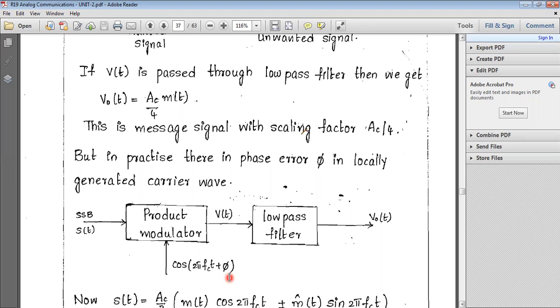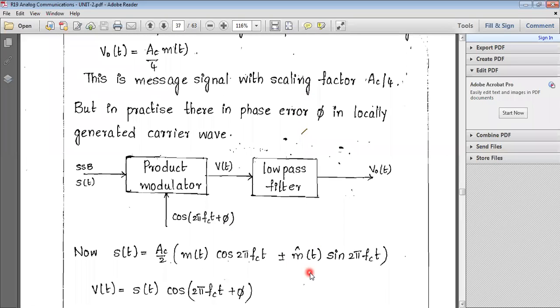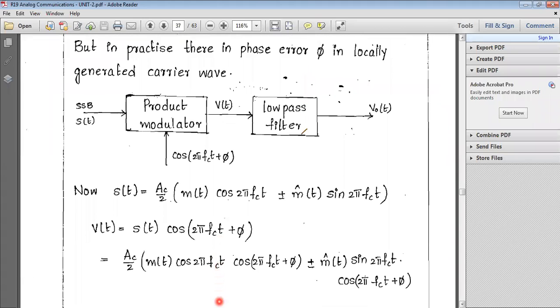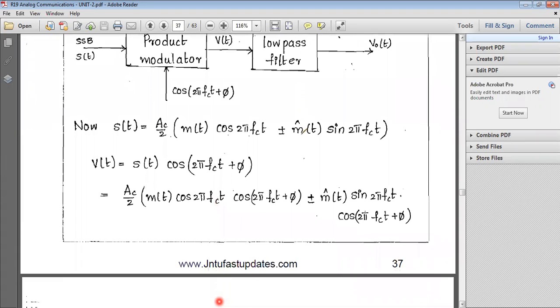Now again, you do the same calculation, the same analysis, by considering the carrier as cos 2 pi fct plus phi, where phi is a phase error. Take S of t, and V of t.